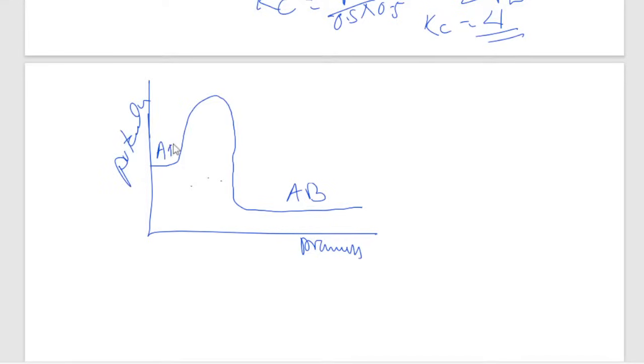Then it's going to be A plus B, and this is the activation energy, and this is the enthalpy change, and this is the activation energy. So basically the graph is going to be like that, but it wants to show that it is an exothermic reaction. We go to the next question.